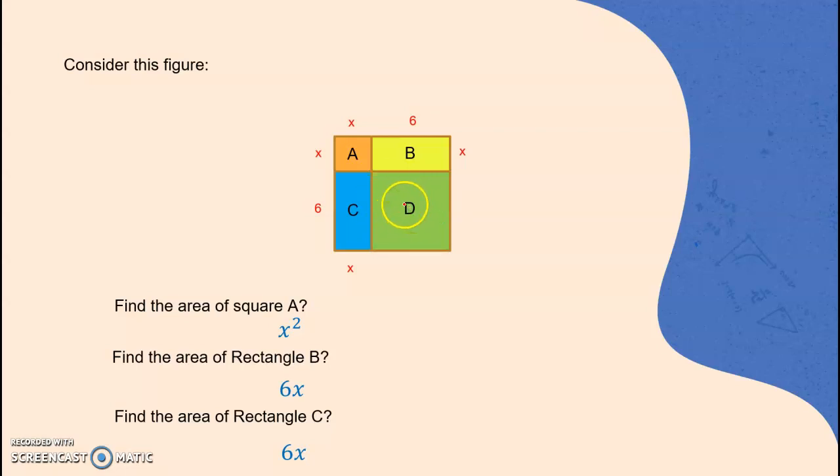So next question is, find the area of the rectangle or square D. So basically, what is the dimension of this D? So dito 6, tsaka dito 6 din, kasi equal lang to, di ba? So basically yung area niya is 36, right?